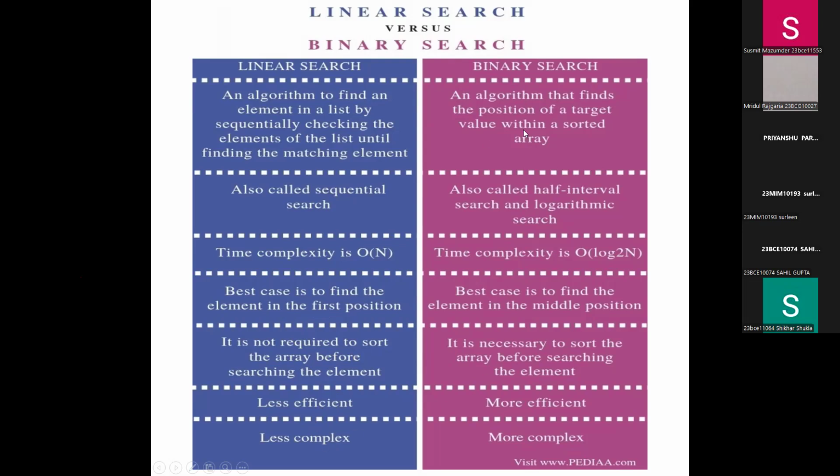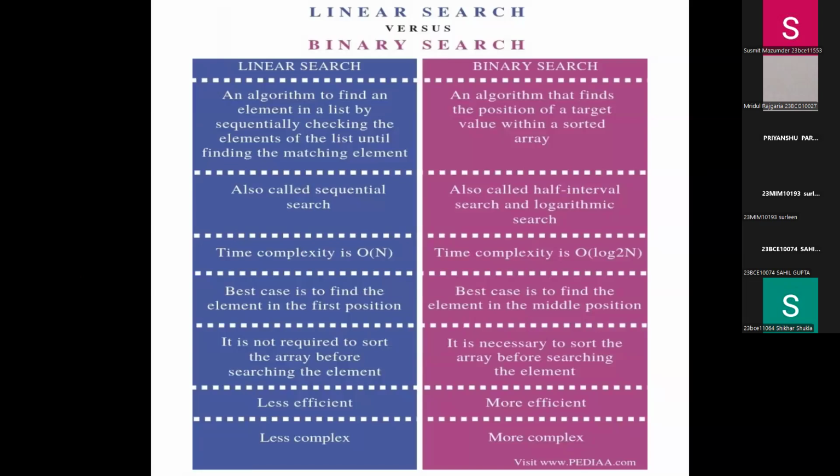But binary search is an algorithm that finds the position of a target value within a sorted array. It is also called interval search and logarithmic search. The alternative name is interval search because we are finding the mid element, the pivot element.